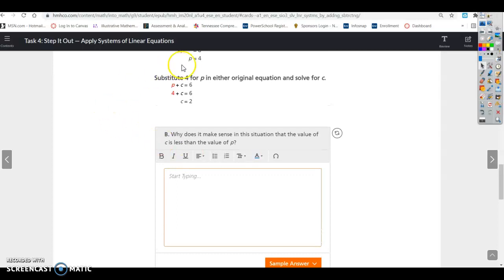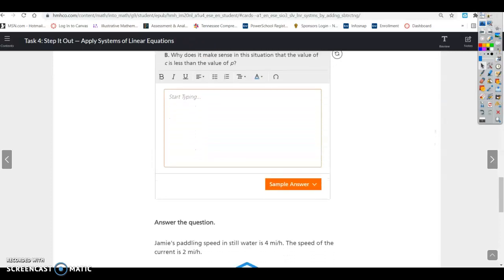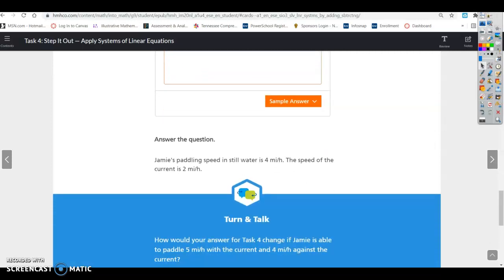All right, so if she paddles at 4 miles per hour and the current is 2 miles per hour, that means she can make it back upstream from her picnic area back to her campsite. If the current was faster than she could paddle, then she would have to find another way back upstream because the water would be flowing too fast.